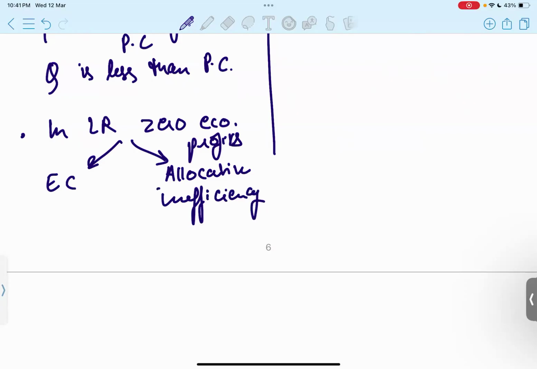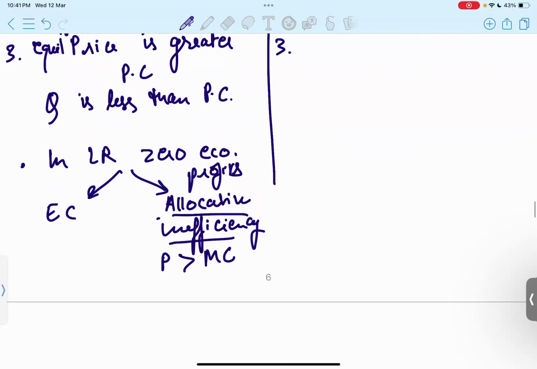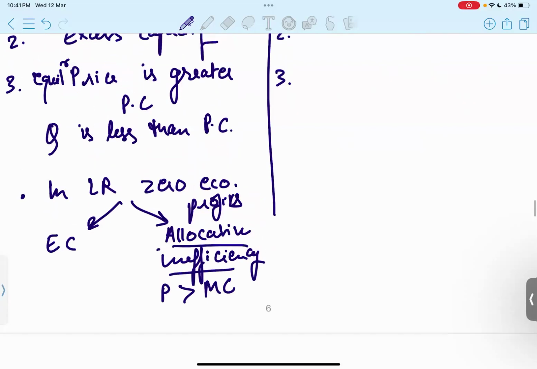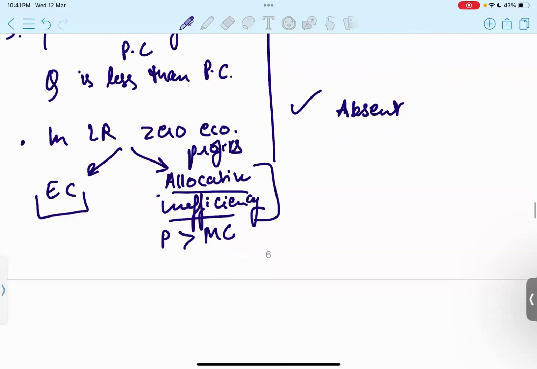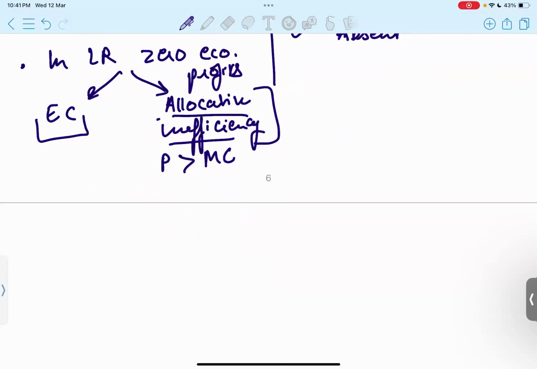Allocative inefficiency here denotes that price is greater than marginal cost. So deadweight loss reflects the allocative inefficiency. However, perfect competition is also making zero economic profits, but the inefficiencies or the excess capacity are absent under perfect competition. So maximization of social welfare is achieved there.